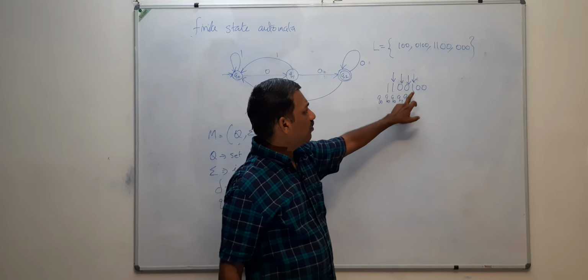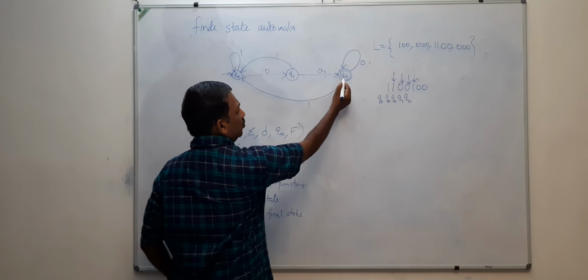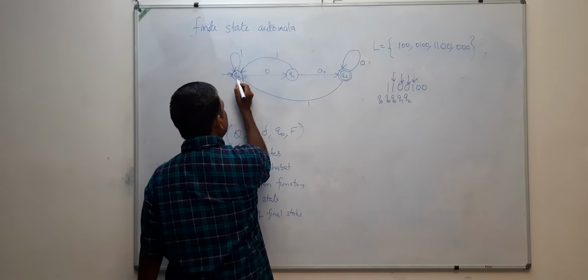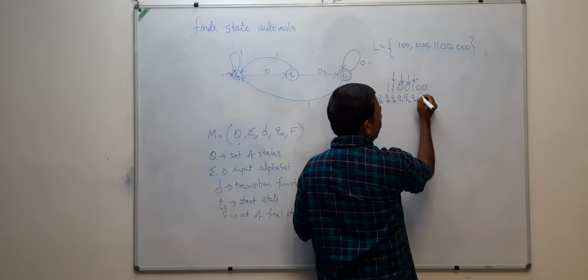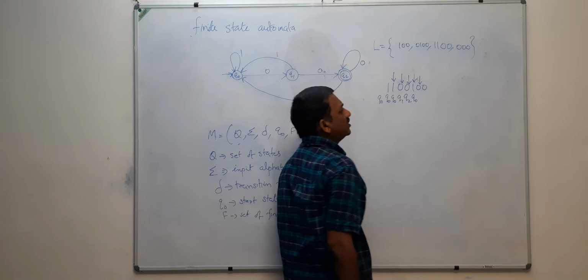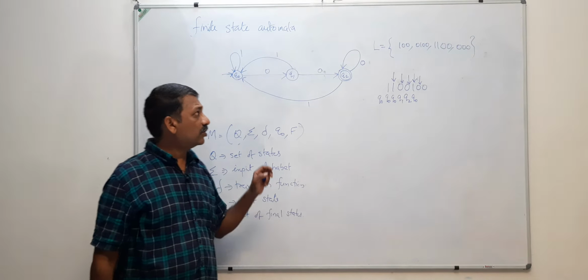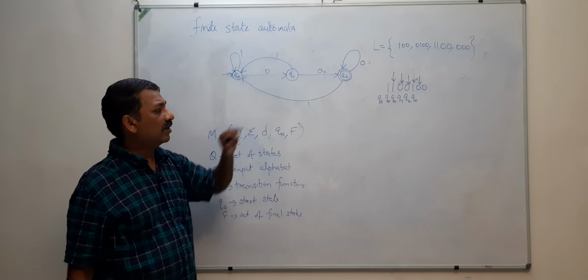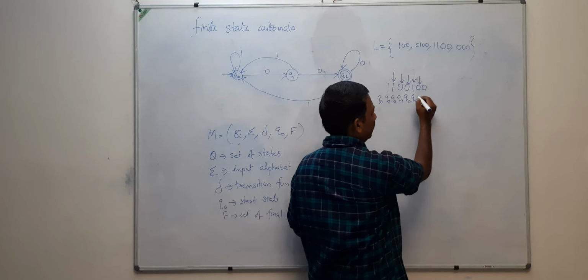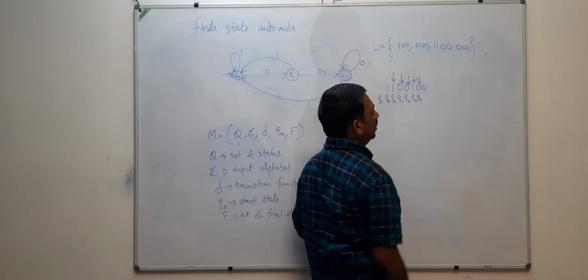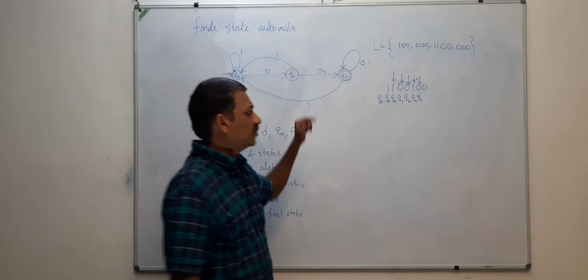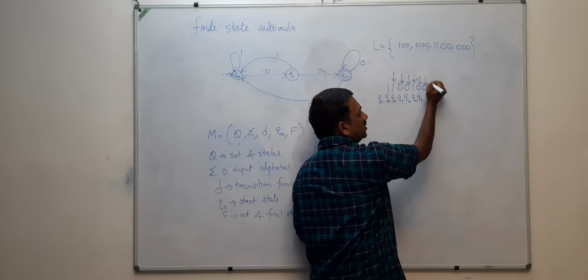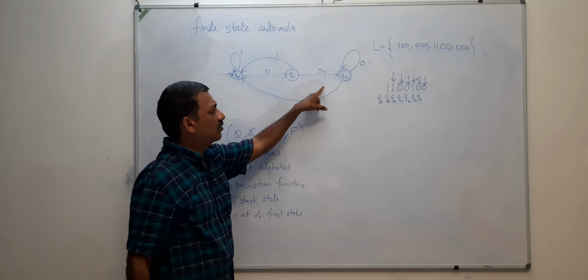Q2 upon receiving 1 switches back to state Q0 and advances to the next input symbol. Then Q0 upon receiving 0 switches to Q1, and Q1 on accepting the next 0, what will happen?